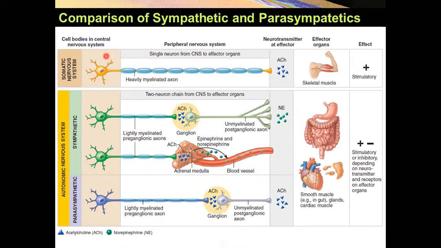In the somatic nervous system, there are the somatic nerves. Somatic nerves in this table are the lower motor neurons.